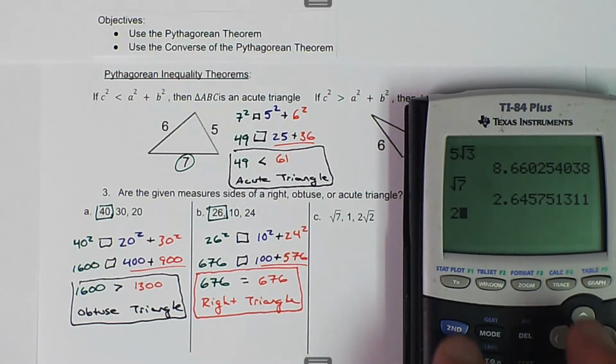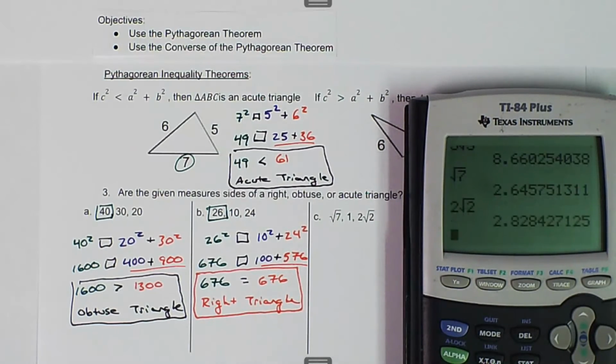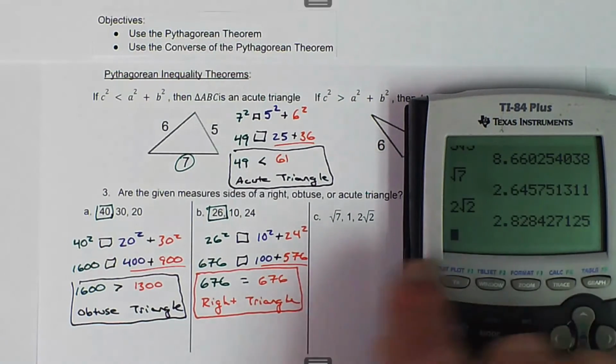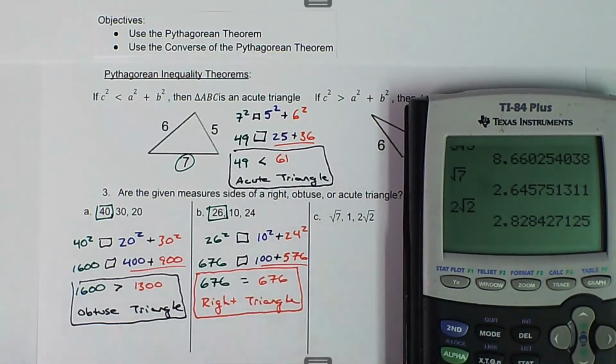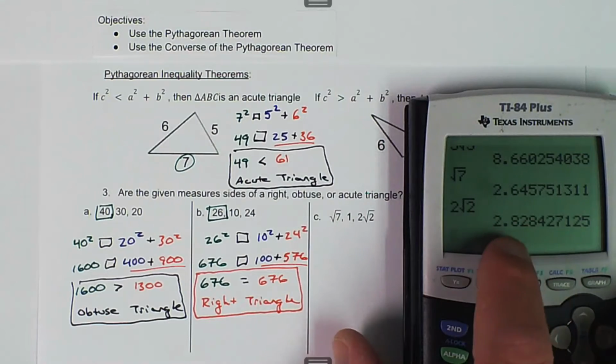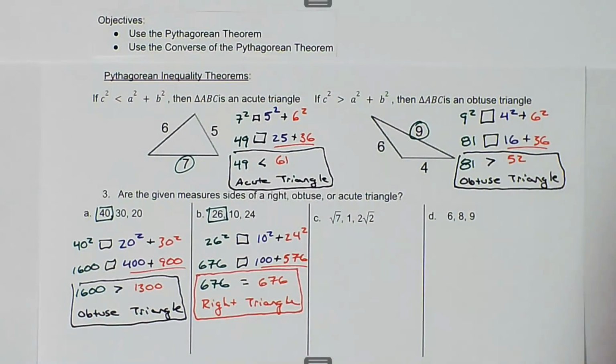The square root of 7 is equal to 2.654. So we can see that 2 times the square root of 2 is bigger than the square root of 7, so that has to be our hypotenuse.